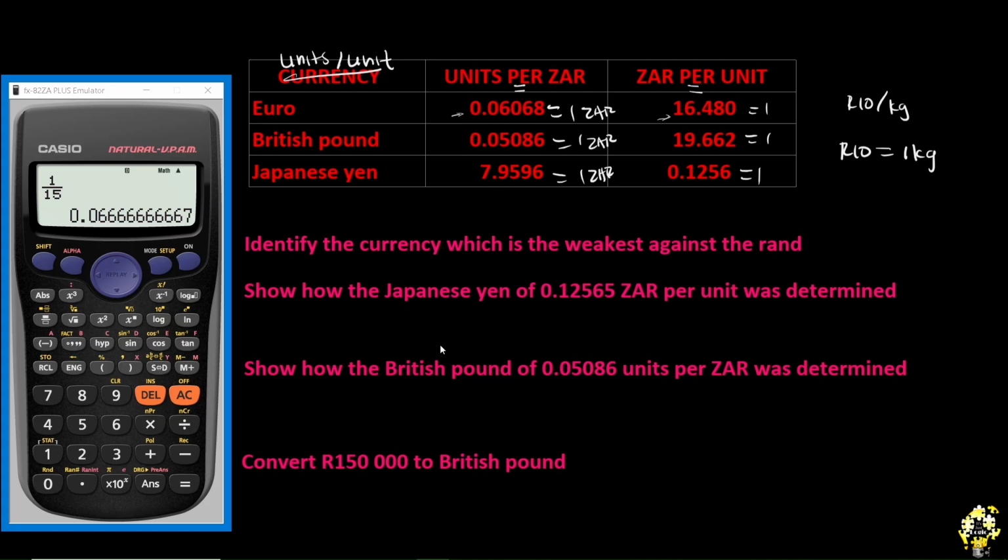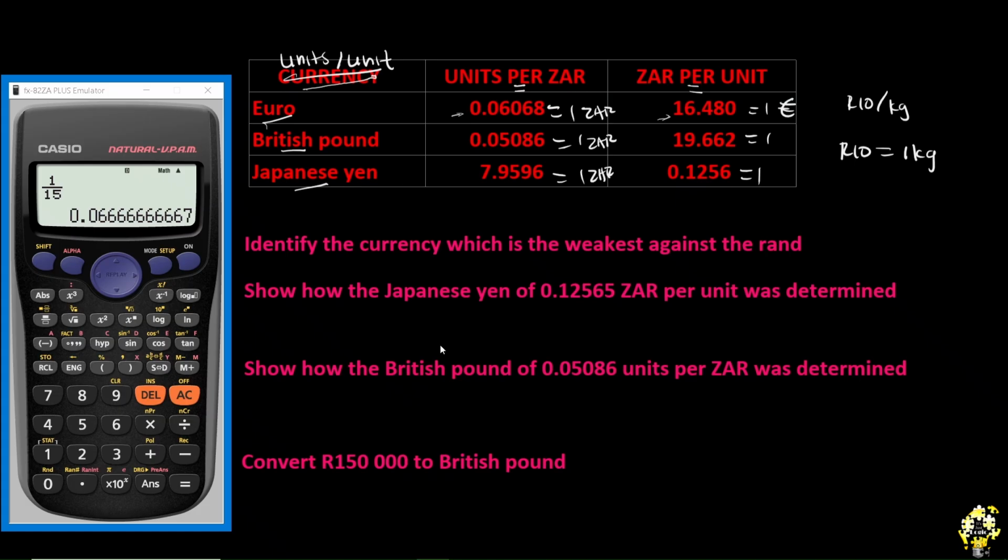Remember what we did here? These are the units. Therefore, when they say per unit, they are saying per euro, per British pound, per Japanese yen. So come here and say per euro. Yes, I guess this is the symbol for euro.